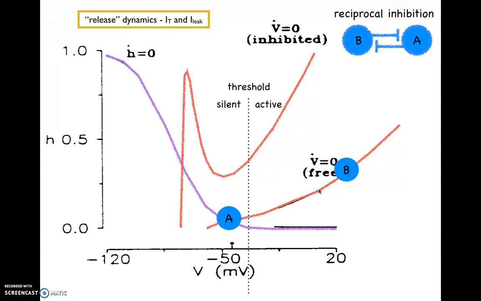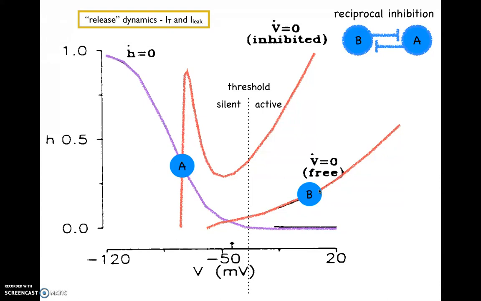Okay, now at this point B is now active, and so A has to move onto the inhibited nullcline. And now as time goes on, A will drift upwards and B will drift down the free voltage nullcline like this. And at this point, the roles of neuron A and B have switched, and so this cycle will repeat.